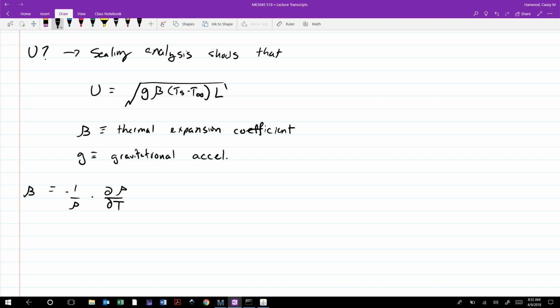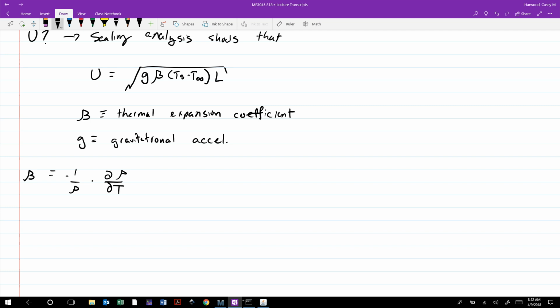So for most objects that are not gases, solids, liquids, this will be tabulated in those thermophysical properties at the back of the book. Right? For gases, we have the ideal gas law working for us, which means that for an ideal gas, beta is equal to 1 over rho.